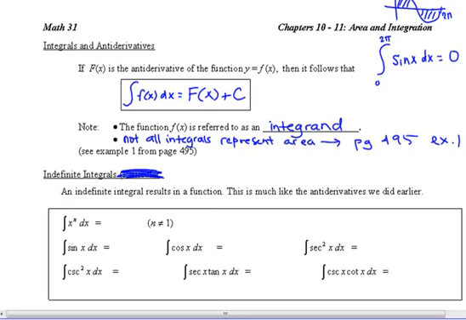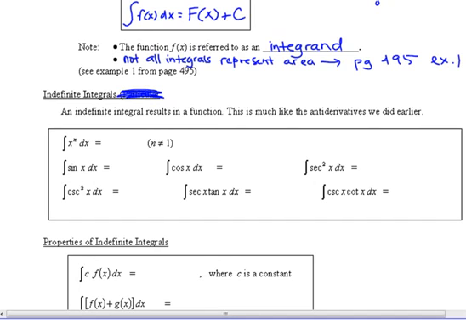Okay, so everything that applied before still applies. If we're finding the antiderivative, it's the same as when we find the derivative. So this dx here is, remember, we're doing the sum of length times width. So that width is our change of x. So this is our f of x right there.